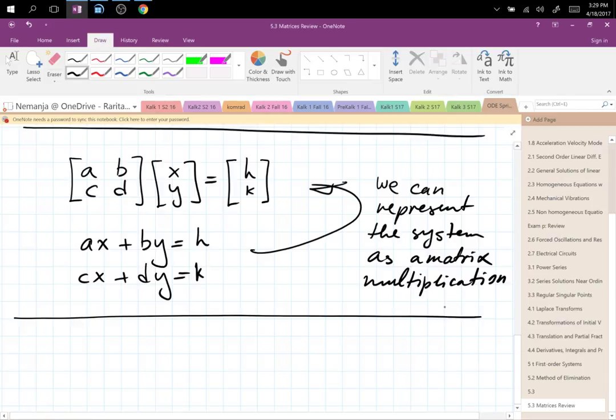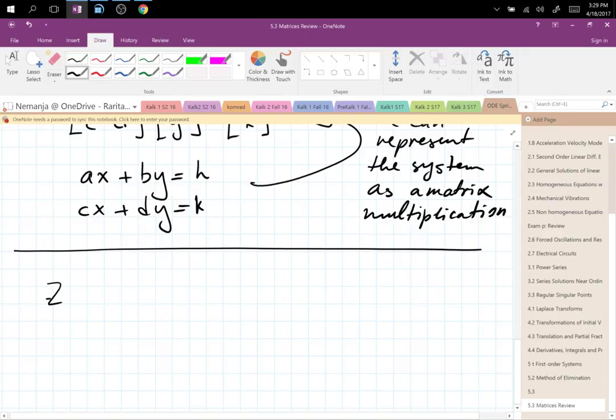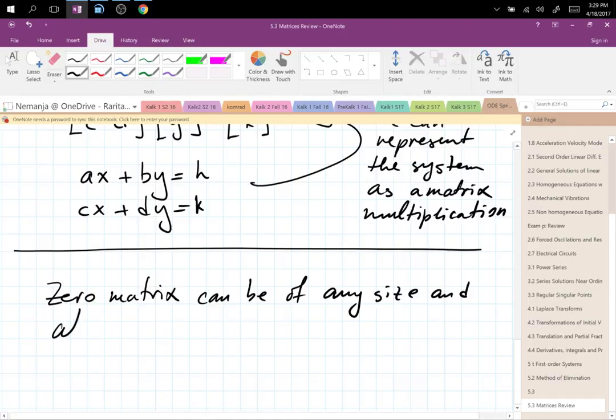So there are a few properties. First of all, zero matrix can be of any size and all entries in it will be zeros.